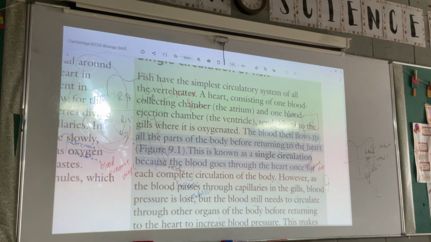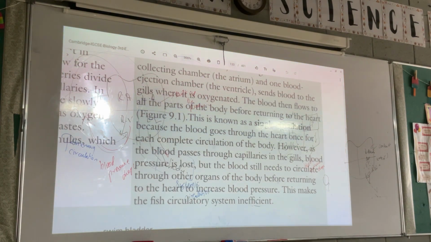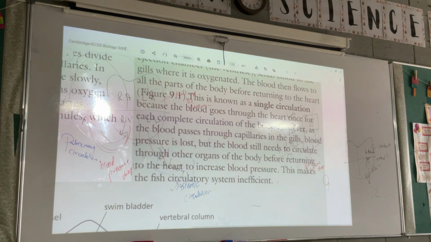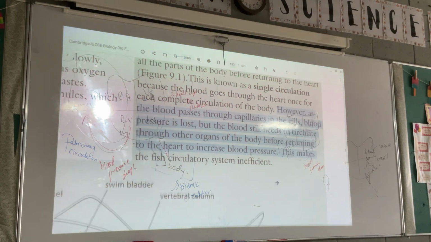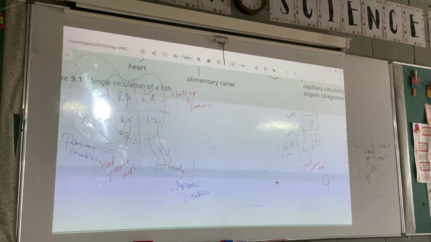This is known as single circulation, because the blood goes through the heart only once for each complete circulation. However, as the blood passes through the capillaries in the gills, blood pressure is lost. But the blood still needs to circulate through the organs before returning to the heart to increase the blood pressure. That is why fish have a less efficient circulatory system.